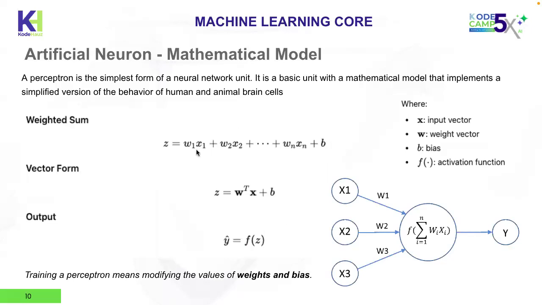Okay, so let's look at the mathematical model now. The simplest form of a neural network, or a neural network unit, is a basic unit with a mathematical model that implements a simplified version of the behavior of human and animal brain cells. So that's basically what I had before.